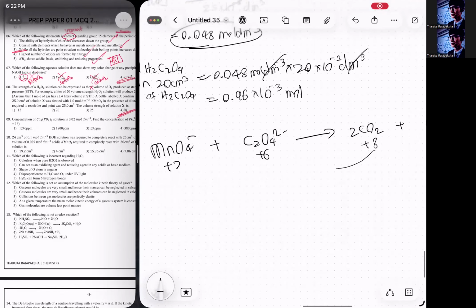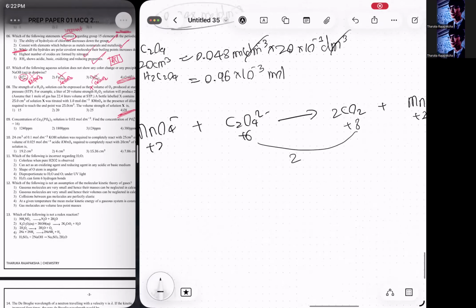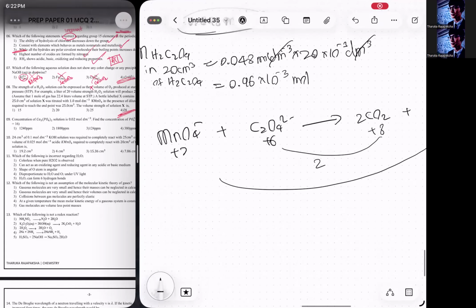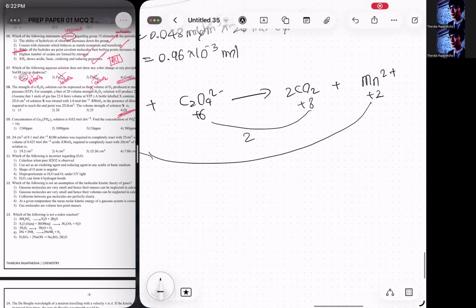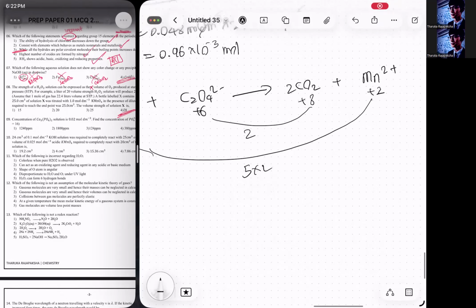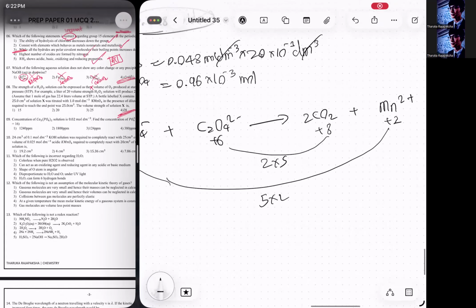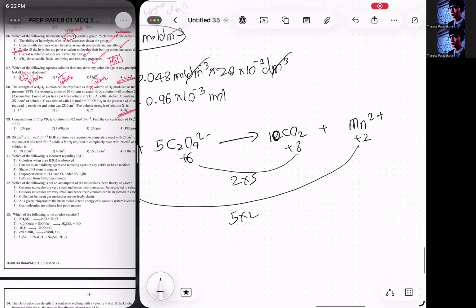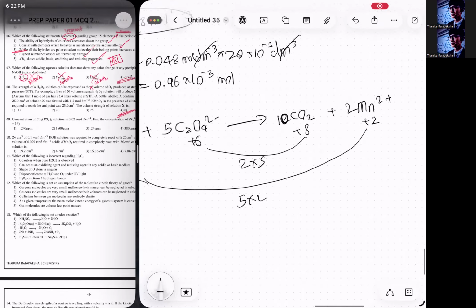So 4 minus 3, that's going to be 1 for each carbon, so 2 per oxalate, and then 7 minus 2 is going to be 5. So 5 times 2 and then 2 times 5. So it's 10 here, and then 5 here, and then 2 here, and then 2 here.